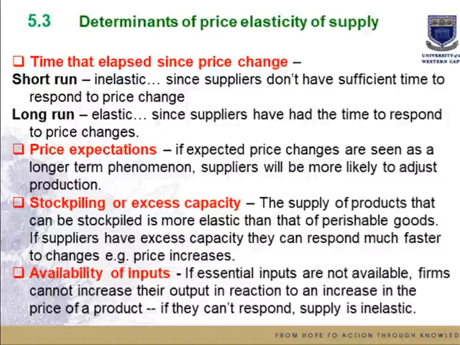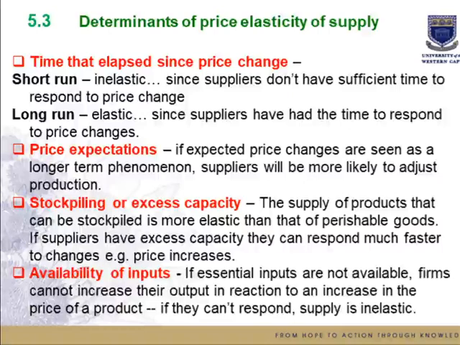Thirdly, products that have a possibility of being stockpiled have a more elastic supply curve as compared to products that cannot be kept for a longer time, that is, perishable goods. Fourthly, if a firm or supplier has excess capacity, they have a greater ability to respond to a price change as compared to firms that operate at full capacity.